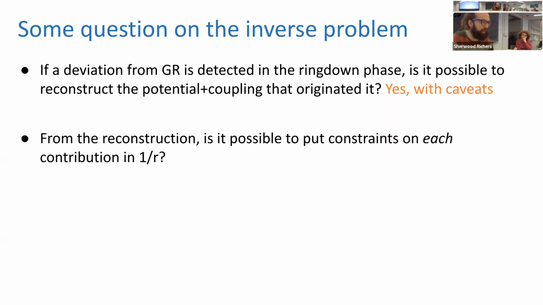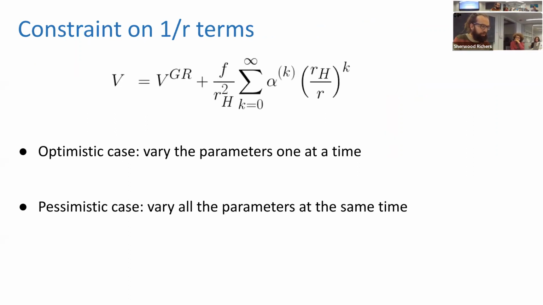Now, the next question is, from the reconstruction, are we actually able to put constraints on the single values of alpha, so the single components of the effective potential in 1 over r? Remember that this is the deviation, so each alpha corresponds to a 1 over r to the k power modification.